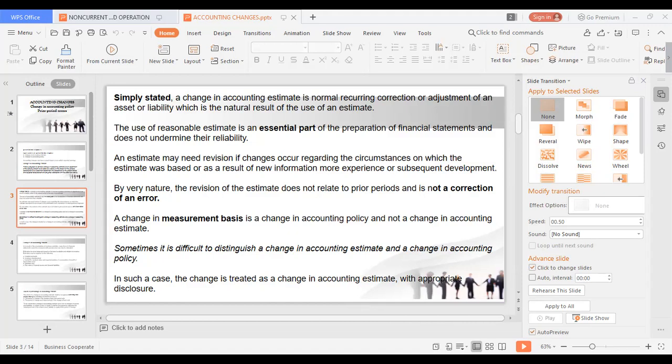So that was on December 31, 2019: building, machinery, and furniture with their original cost and the useful lives. Now, January 1, 2020, the entity determined that the remaining useful life is 10 years for the building, 7 years for the machinery, and 5 years for the furniture.